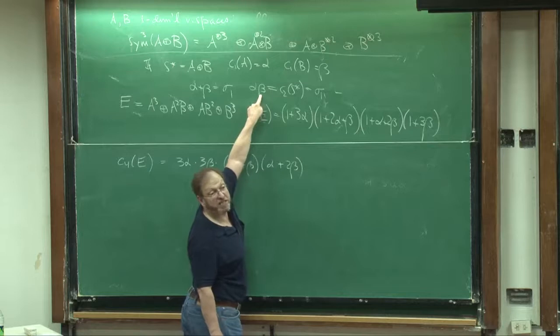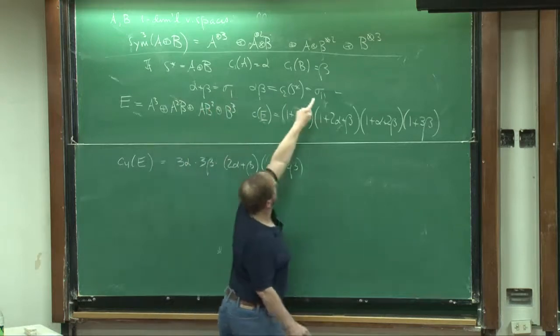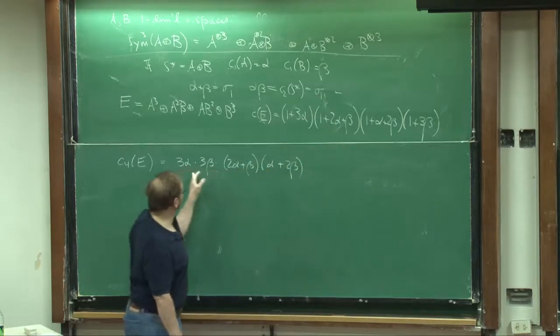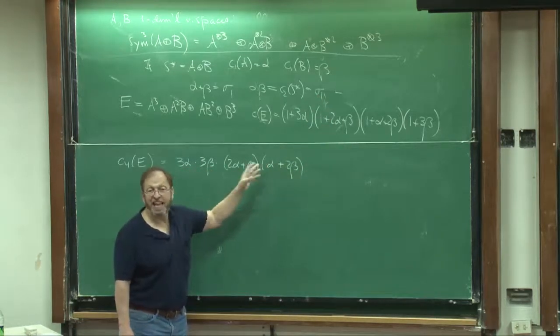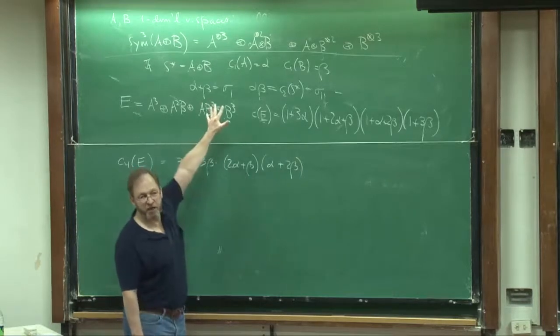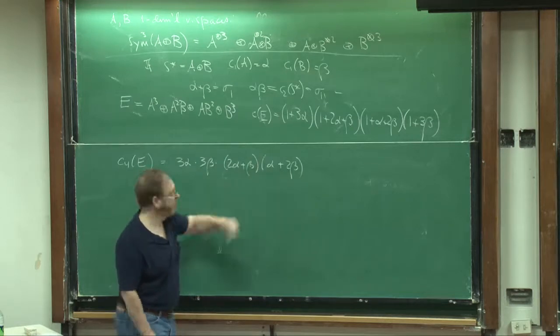Specifically, the elementary symmetric polynomials in alpha and beta would be expressible in terms of actual classes on the Grassmannian. And since this is visibly a symmetric polynomial, that means we can express it in terms of the elementary symmetric polynomials and convert this to an expression involving Schubert classes.